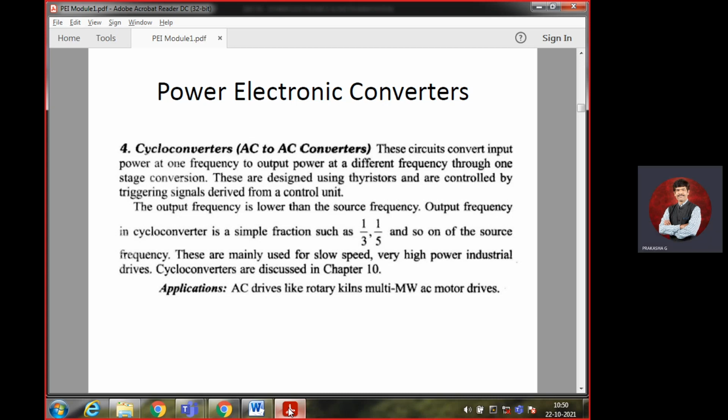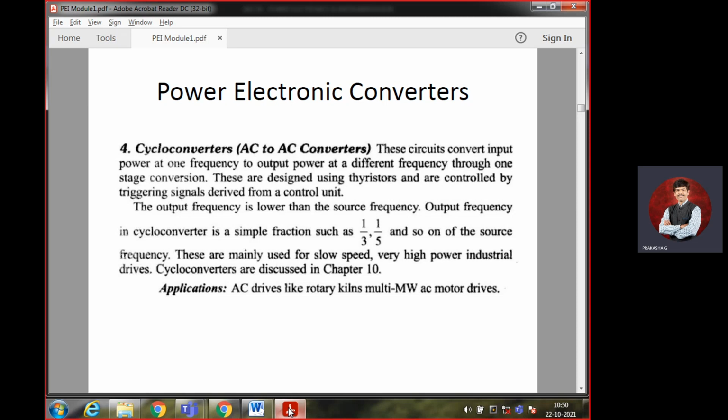So these circuits convert input power at one frequency to output power at different frequencies. That is a cycloconverter. The name itself is telling: cycloconverter means the cycles are changing. Frequency means cycles. You may have 100 pulses per second, 1000 pulses per second. It's like this. This is a cycle.